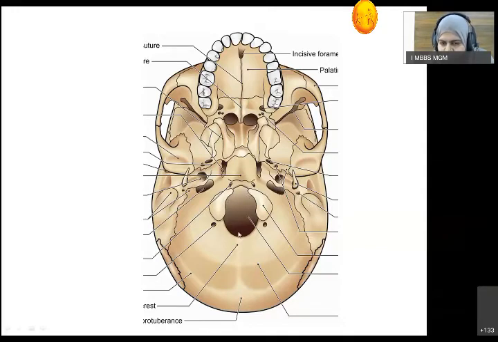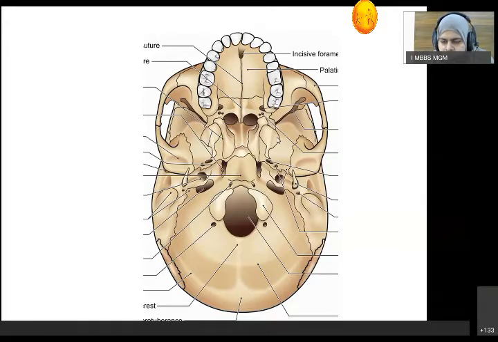Then, the structures which are passing through the foramen magnum from its anterior portion are the apical ligament of the dens, the vertical band of the cruciate ligament, and the membrana tectoria.